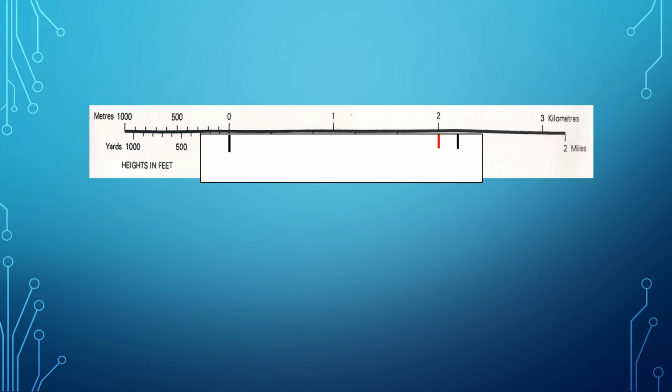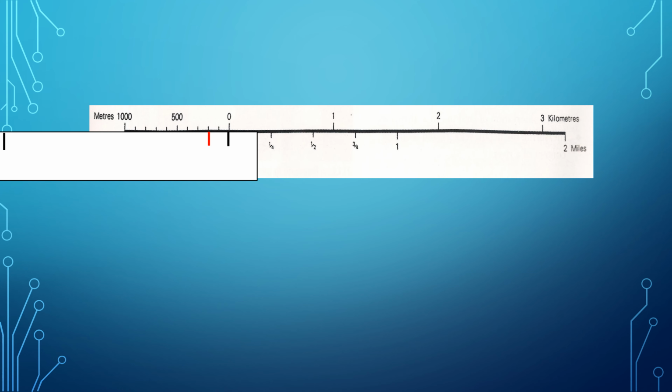But how many meters? To find out, we're going to put this last marking right here under the 0, and we're going to count going to the left on the meters part of our scale right here. So we say 100, 200. Good.